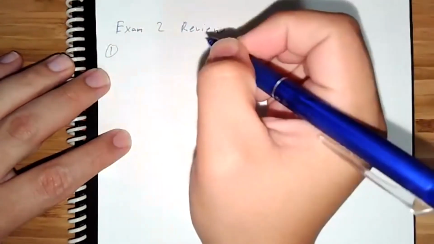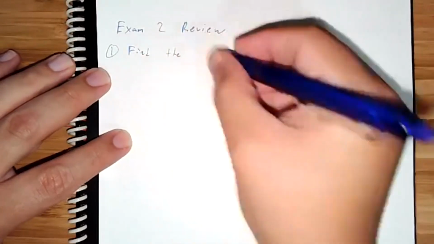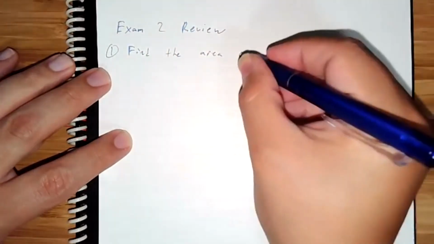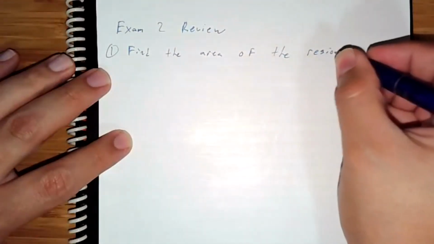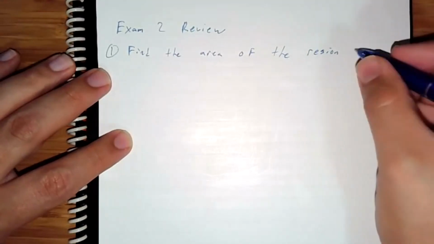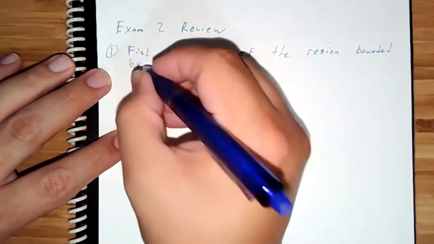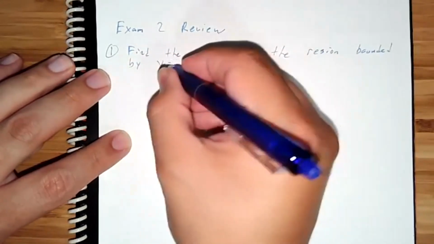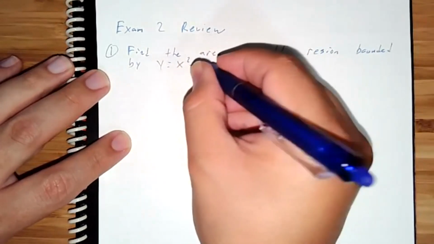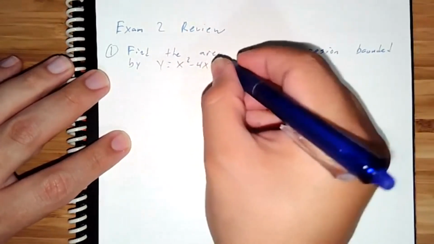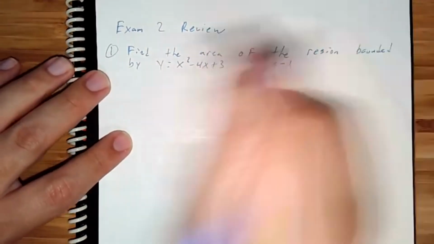Number 1, find the area of the region bounded by y equal x squared minus 4x plus 3, y equal x minus 1.